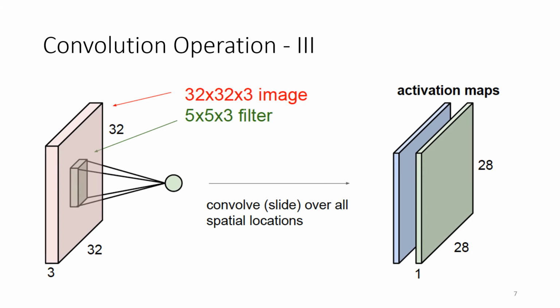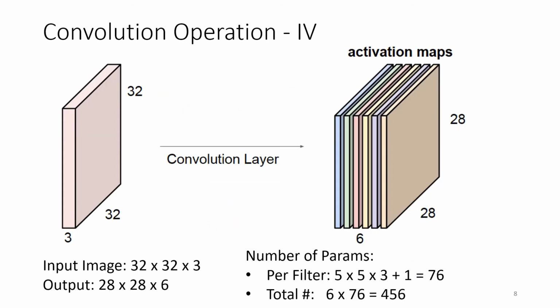We can have another filter with the same size of 5 by 5 by 3, and we get another activation map, and we can stack these together. Say, as an example, we have 6 of these filters. We get an output of 28 by 28 by 6, and each channel represents the output for one filter.